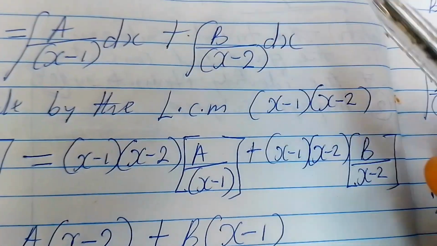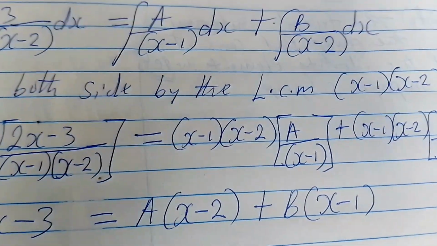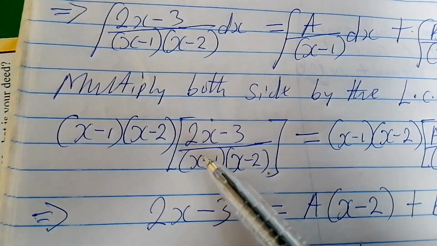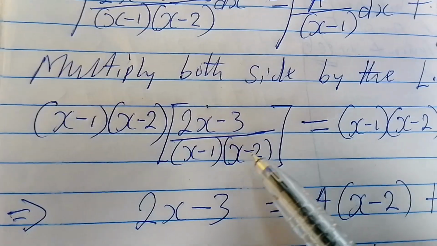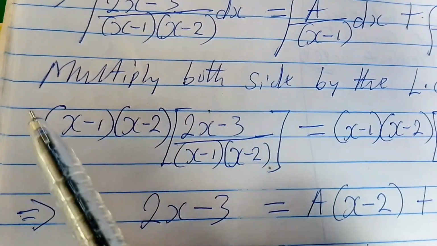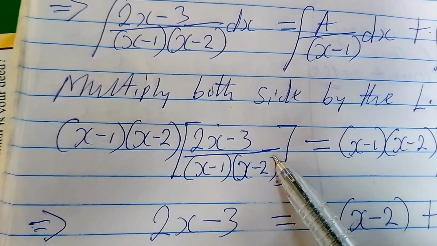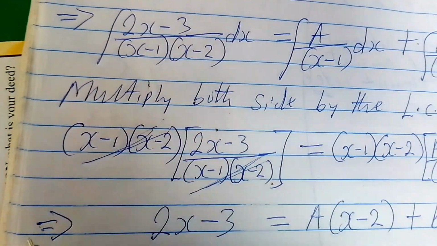At this point, I remove the integral sign for easy factorization and cancel out like terms. The denominator of the left hand side is (x - 1) multiplied by (x - 2), and we have on the denominator here (x - 1) multiplied by (x - 2). So these two can cancel themselves out.